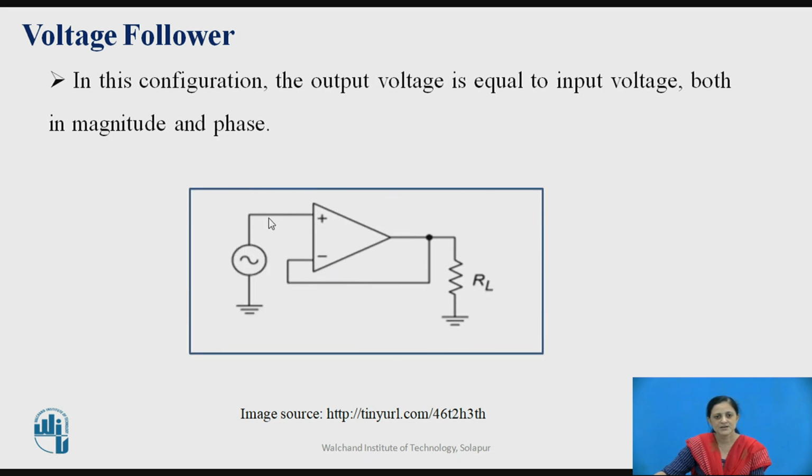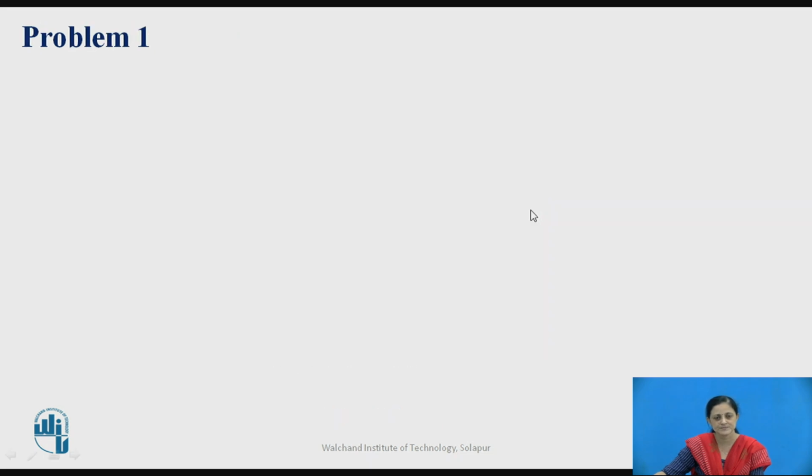This is the diagram for the voltage follower circuit. The non-inverting terminal is given the input, whereas the output is fed back to the input side through the inverting terminal, and the load resistor is connected at the output. Output is taken at pin number 6 of the op-amp. So, this is the voltage follower circuit.